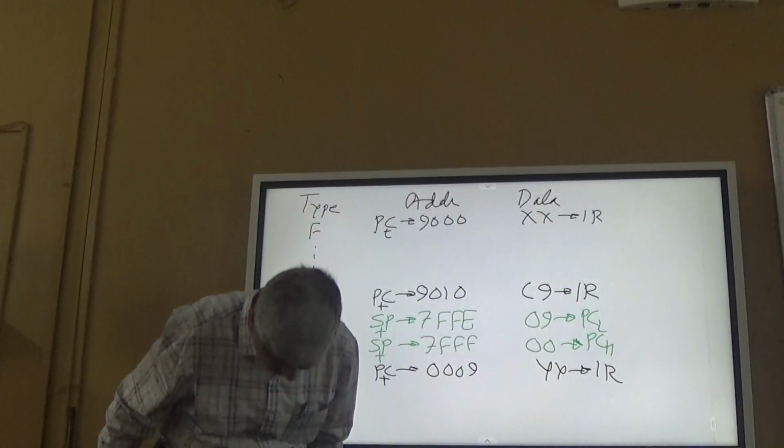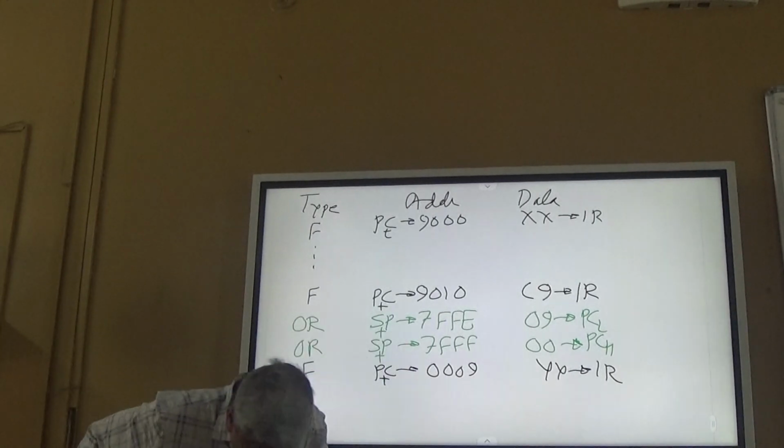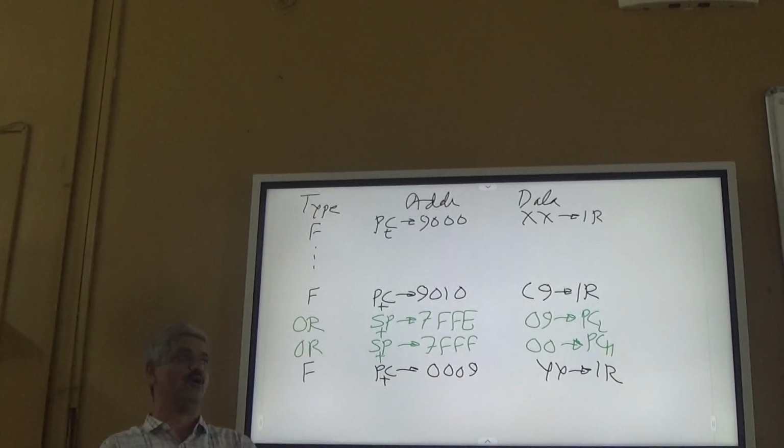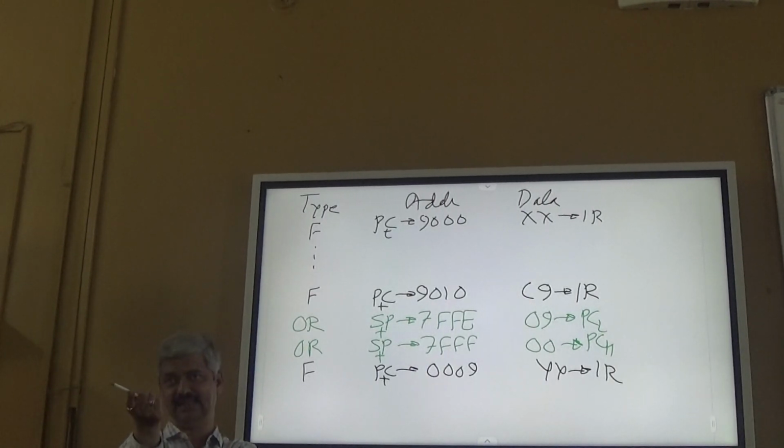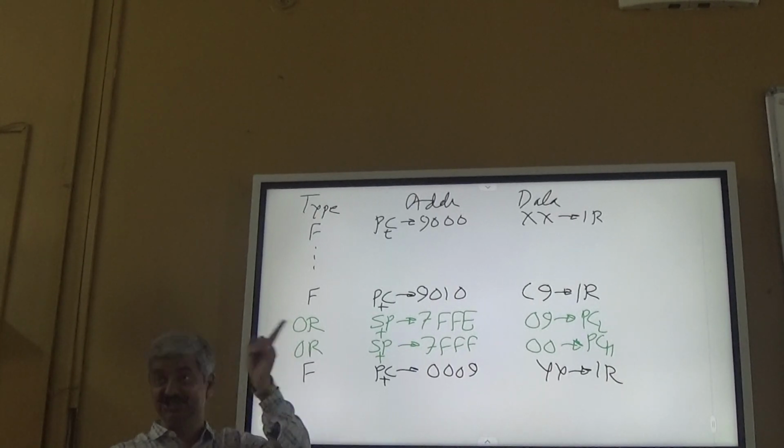Now there is a small problem. The subroutine we have written is for multiplication of H and L, with the result to be in H and L again. This subroutine uses other registers also.